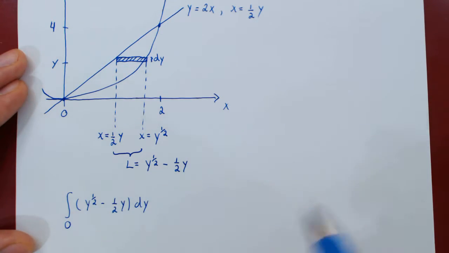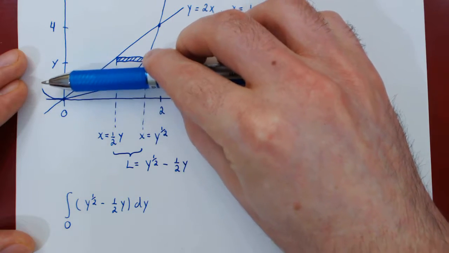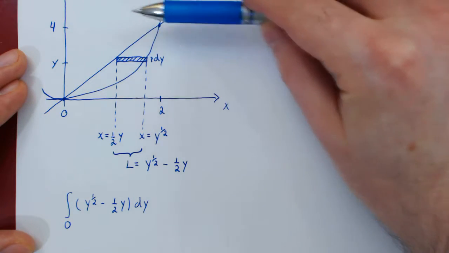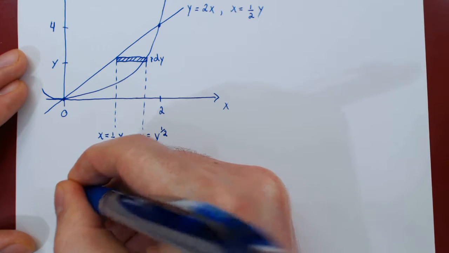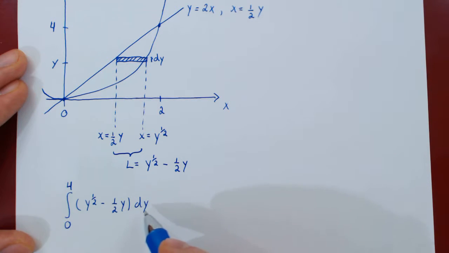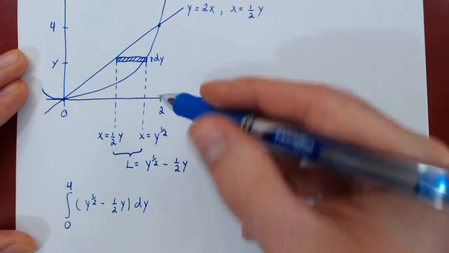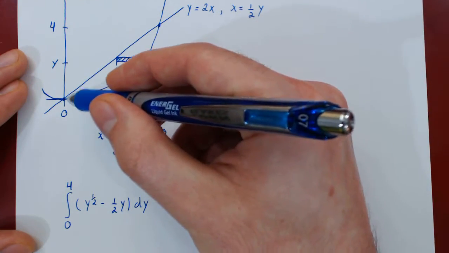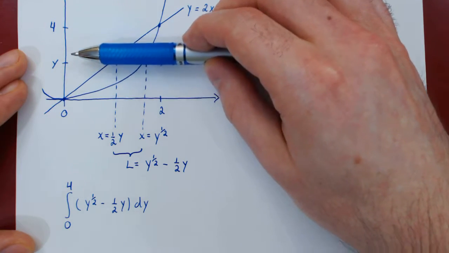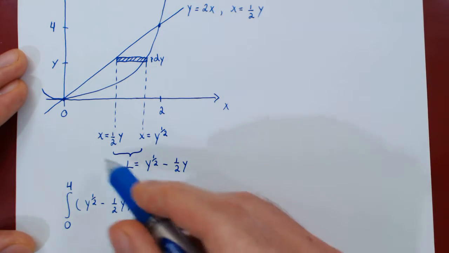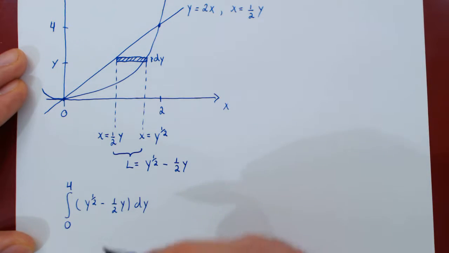And they go all the way up to the second point of intersection where y is equal to 4. So if you sum the area of all these infinitesimal rectangles from y equals 0 to y equals 4, you will have covered up the region entirely. Therefore, this will return the exact area of the region.